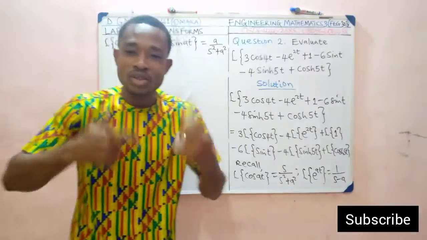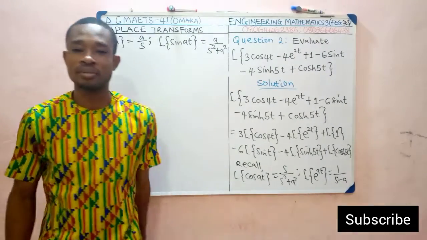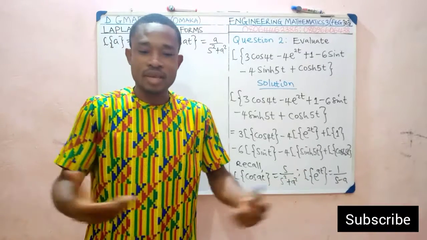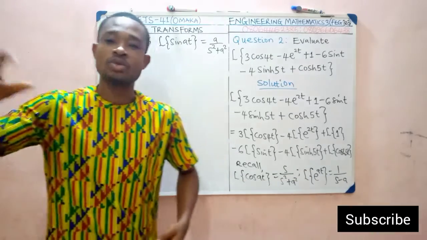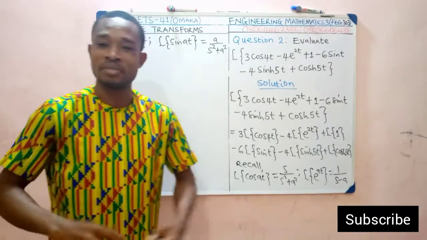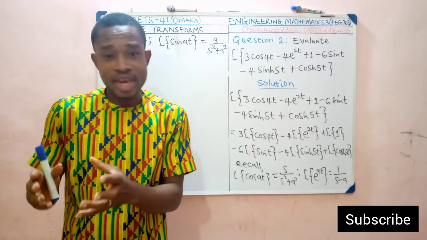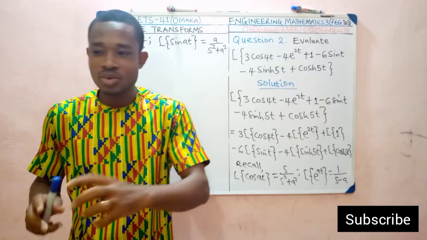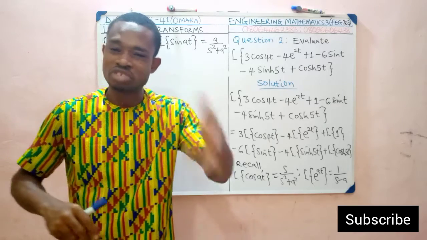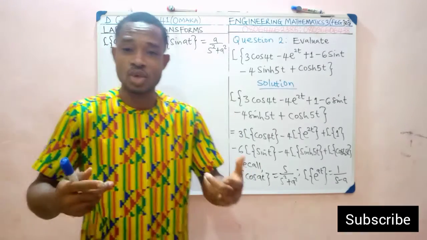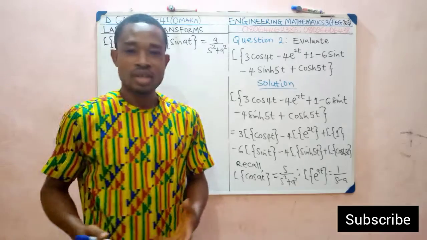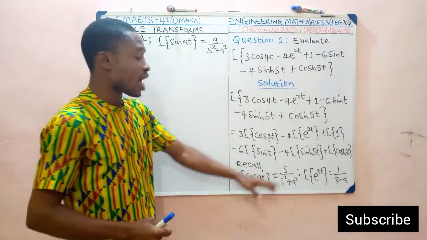I'm trying to recall the Laplace transform of each of them. It's not bad if in an exam situation we choose to write them out before we start using them, so that the examiner will look at it and be aware that you know the standard Laplace transforms of these functions, so he or she knows what you're doing. That's why I had to bring this out.